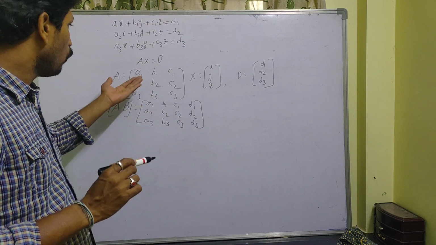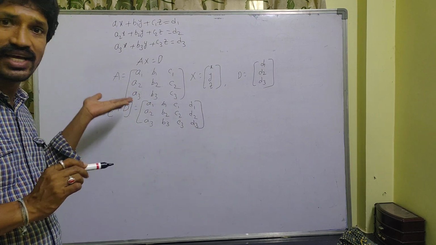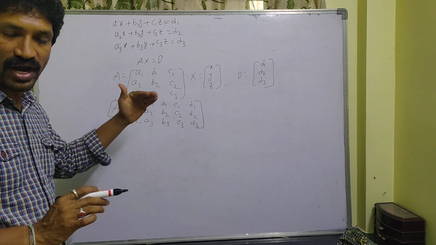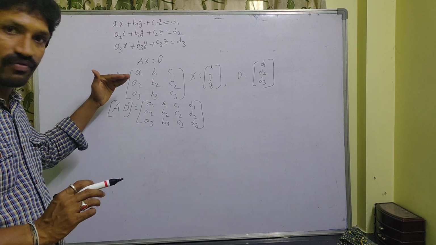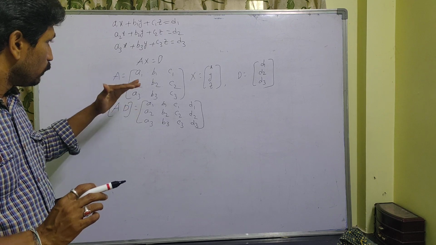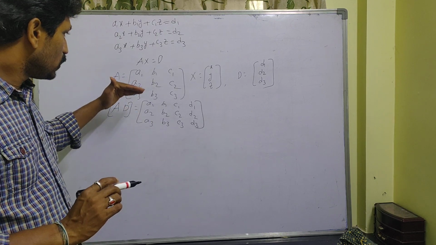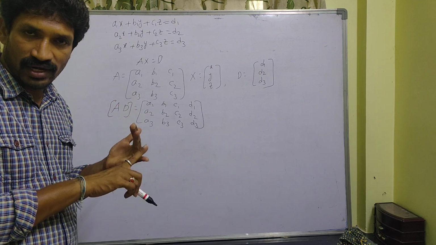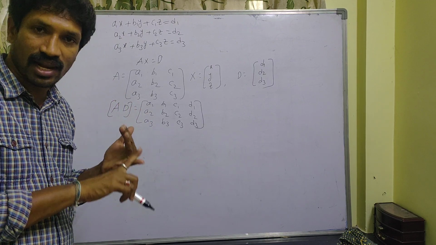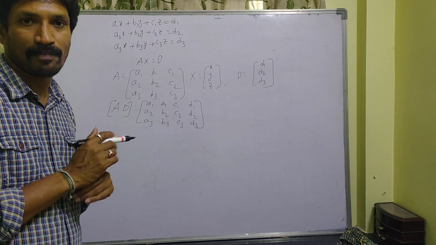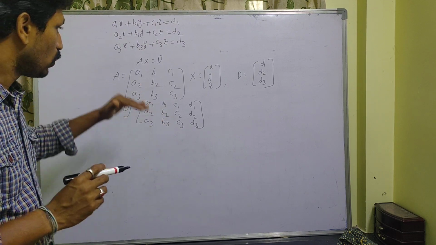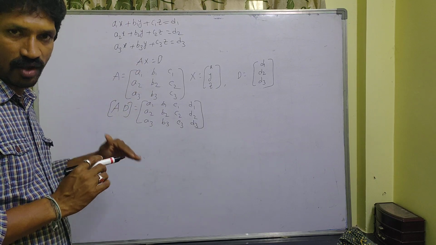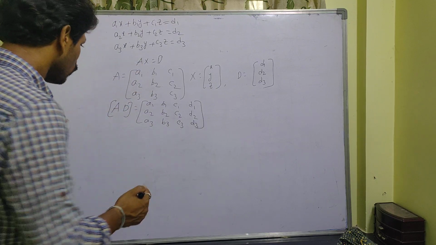So you know how to find the rank of any matrix. See here, it is very comfortable to find the rank of the matrix in echelon form. Okay, don't go for the submatrix method in this method. Go for echelon form, very convenient this is.